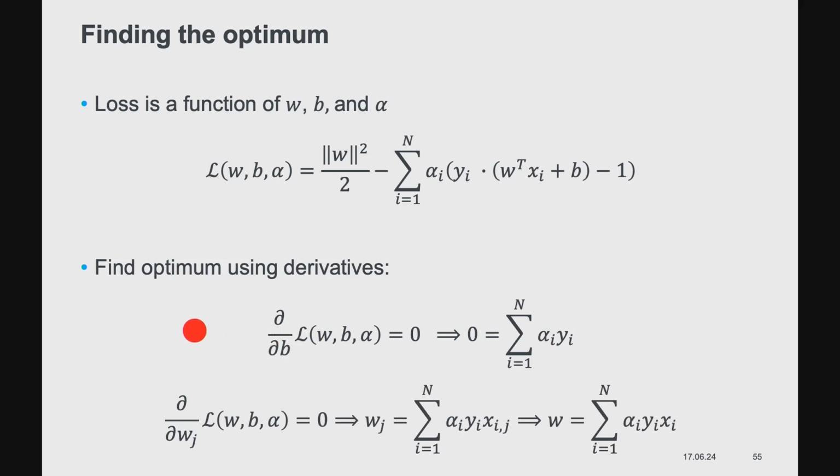And then we also set the loss to 0 for all the derivatives, for our different partial derivatives of wj. So these are all the different components of our vector w. And all of them must be 0.